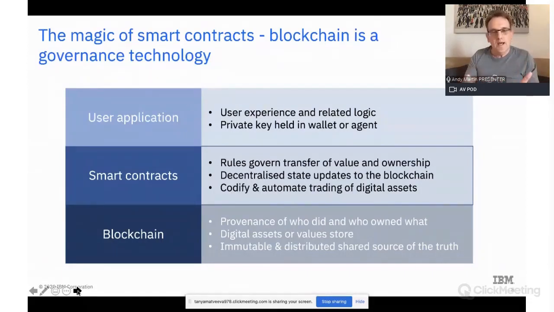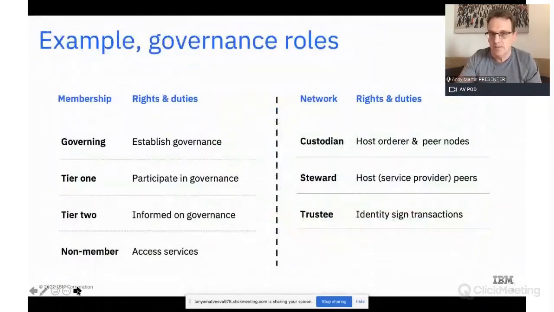So this is where we have the rules for how value can be transferred and how these trades can start to take place. However, this governance model then needs to be extended into a membership model. So each of those companies joining the network, be it the bank, be it the miner, be it the smelter, will need to have a role, a business role. They may be a governing member, where you are setting the rules for the marketplace.